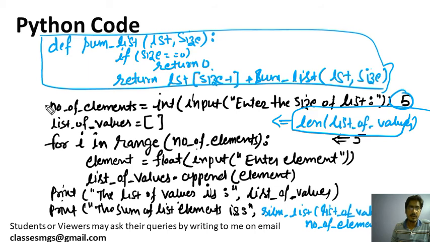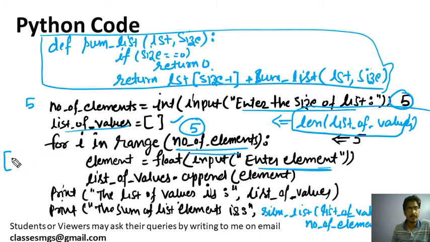Okay, so now how will it run. First, enter the size of list. Let's suppose the user enters 5, then list of values is initially empty. Now we are iterating this 5 times, 0 to 4, and each time we are taking the input from the user, and the list is getting populated. Let's say the user has entered 12, 13, 10, 10, 10.